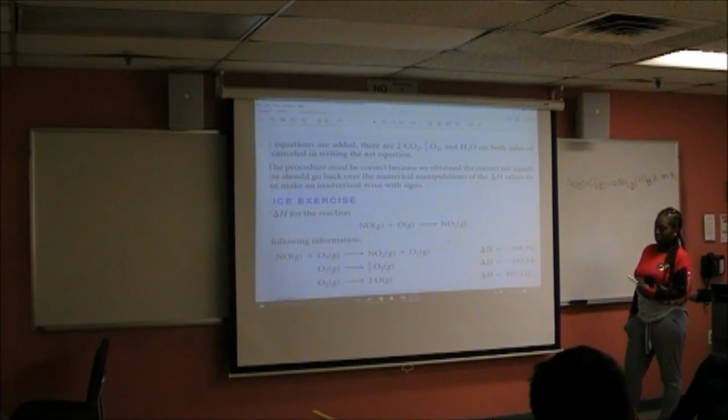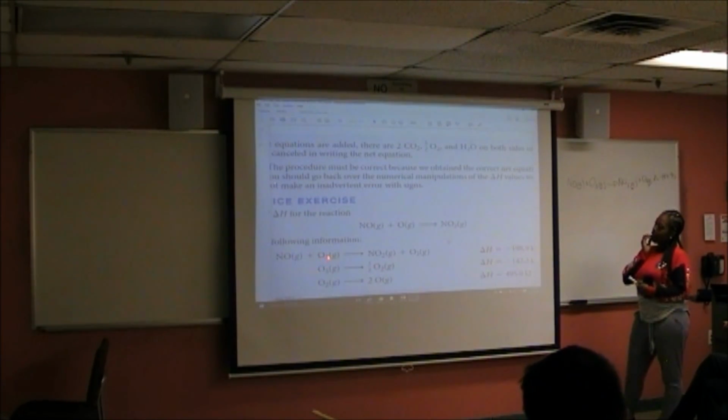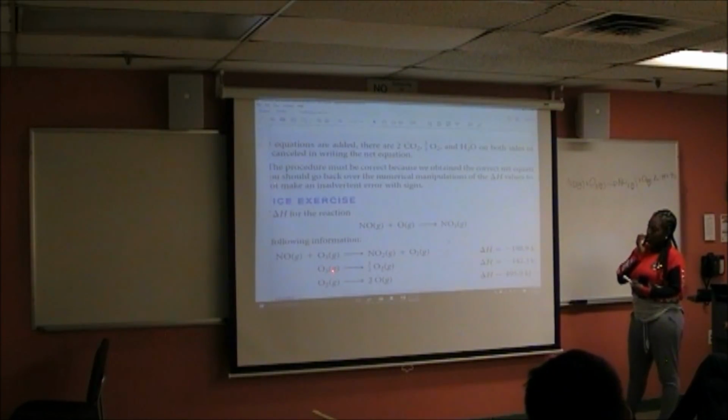Alright? So now, where is ozone on the reactant side? Ozone on the second equation, where is it? Can you erase things from the same side? What do you need to do then? You need to flip it.